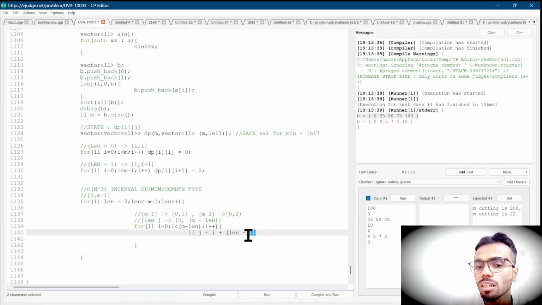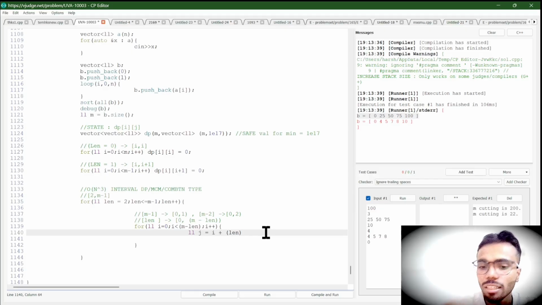If I have length minus 1 coordinates, and the interval is of length, then the total number of points should be length plus 1. So one element is here. I can simply say that I need to add here length only, not length minus 1.